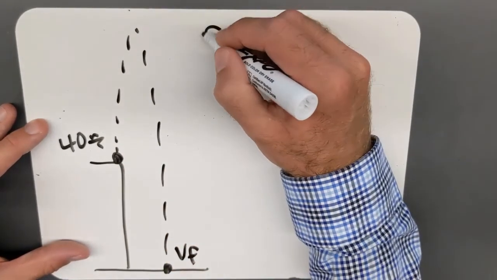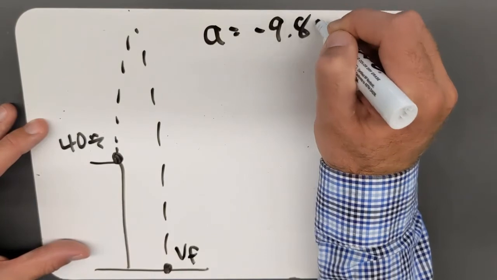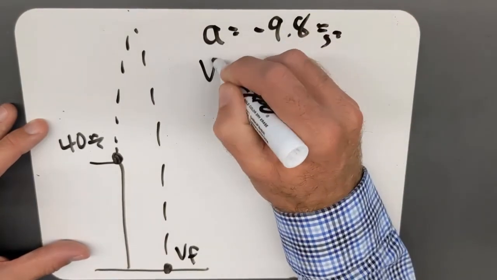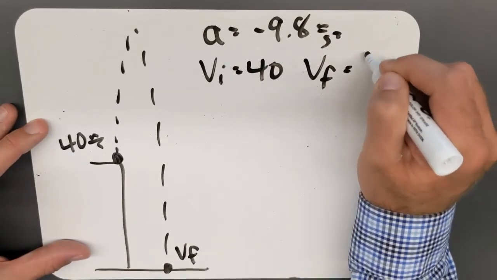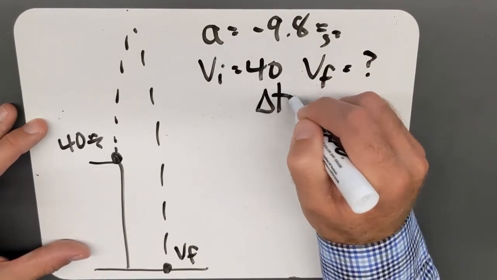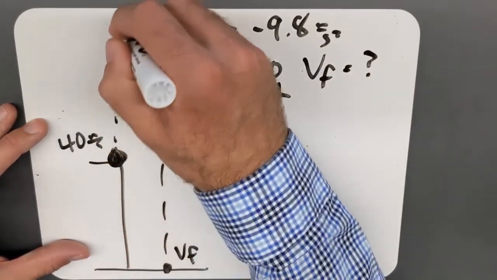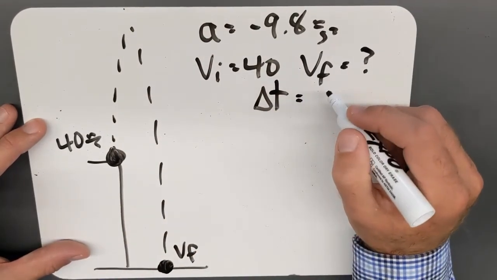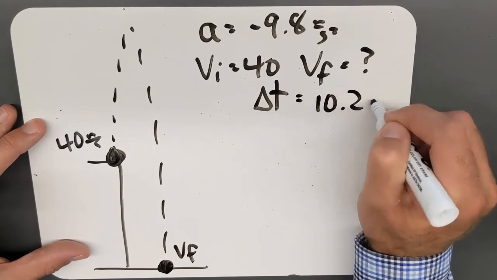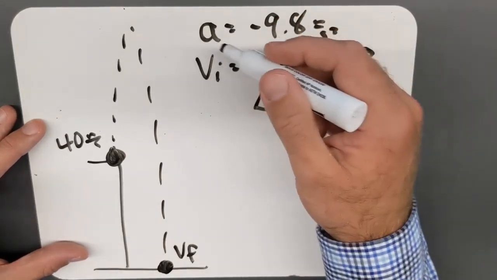Well, let's think of what I got. I got A equal to negative 9.8 meters per second squared. I have a V initial of 40. I'm looking for a V final. I don't know that. And my total time from this point all the way up, all the way down is 10.2 seconds.